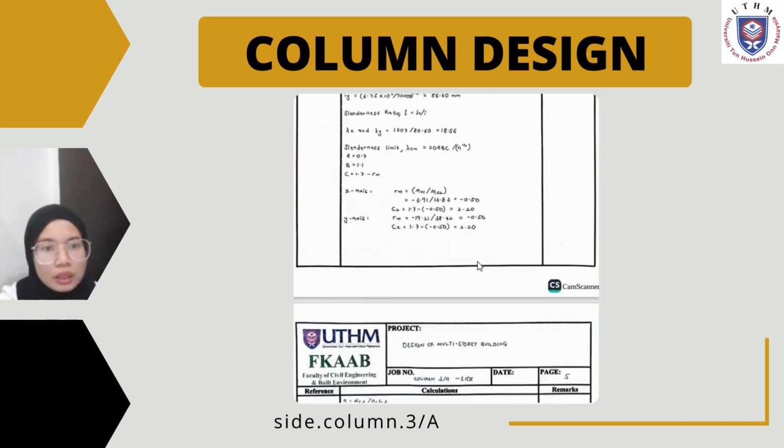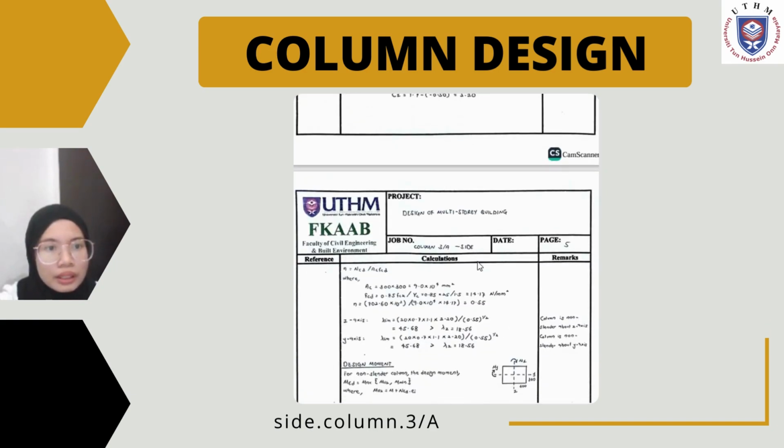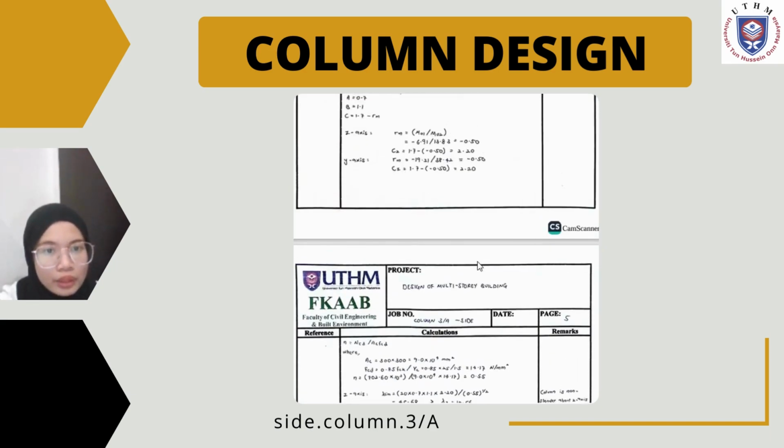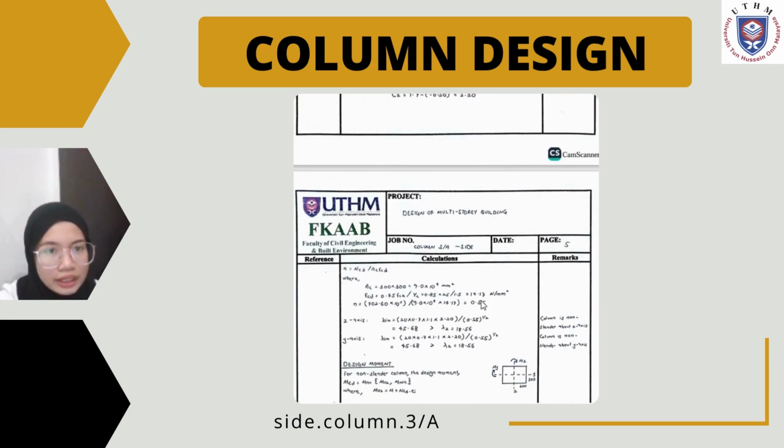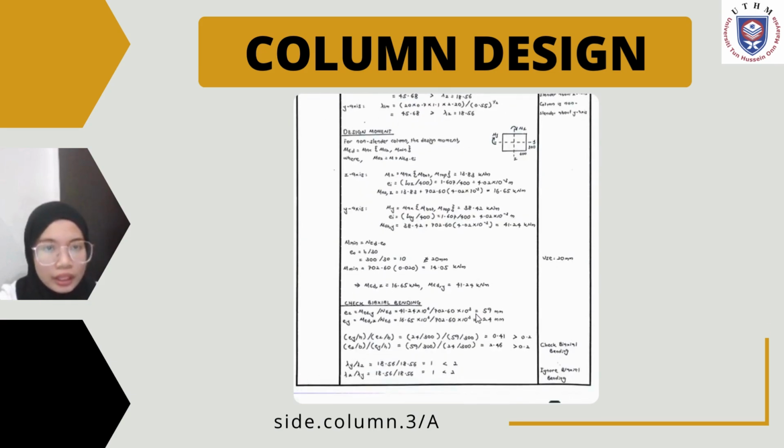So after putting all the values in that formula, we know that our column at both axes is non-slender because lambda limit is more than slenderness ratio. So we design the moment for non-slender column and choose MED with the maximum value between M2 or M min.